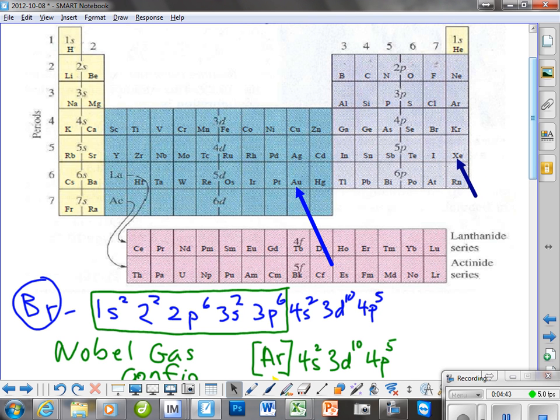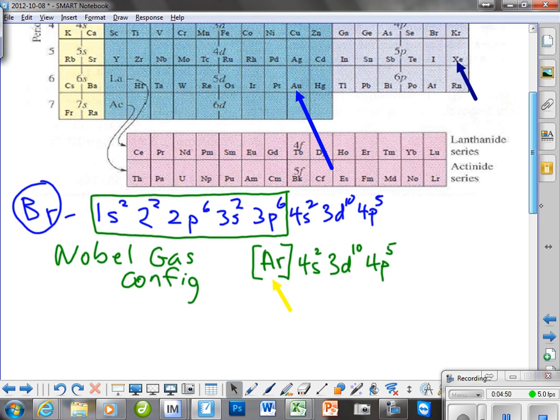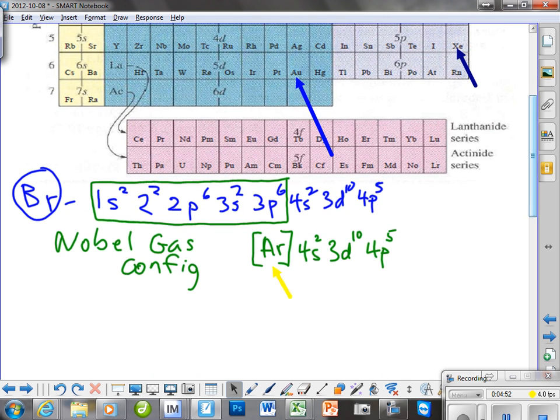Okay, so we're down two rows, and Xe will be the start of our noble gas configuration for gold. So the noble gas configuration for gold would be xenon, and then we just continue.